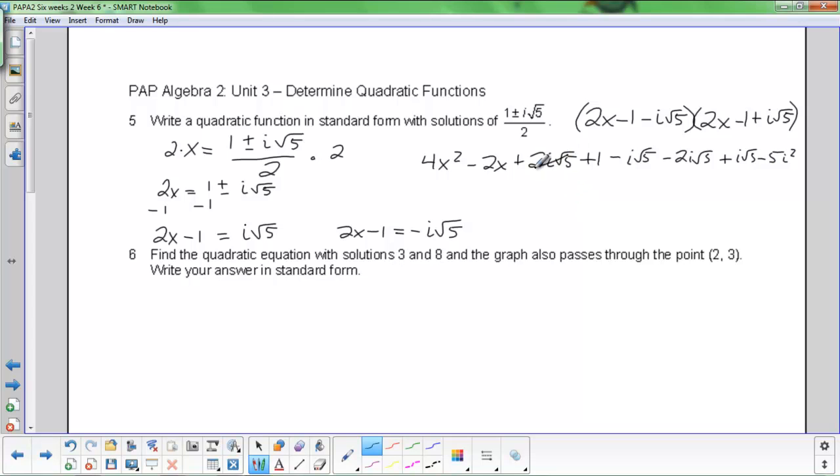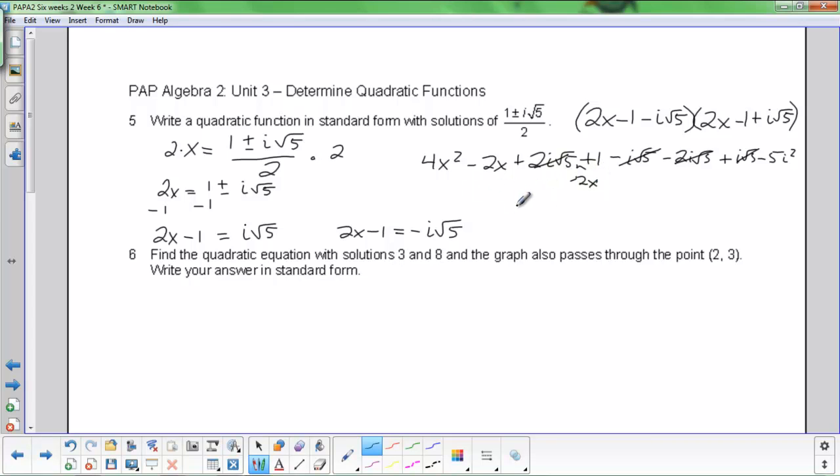So this cancels with this, cancels with that, and what's left is what my solution is going to be. Oops, I left out a 2x, sorry. There should be another 2x right in here, negative 2x. Those of you following along should have caught that.